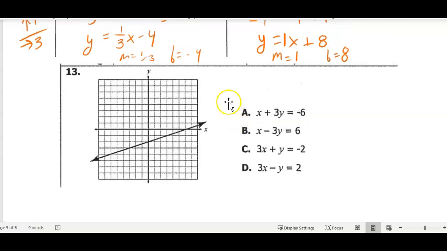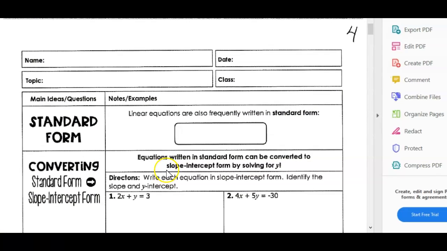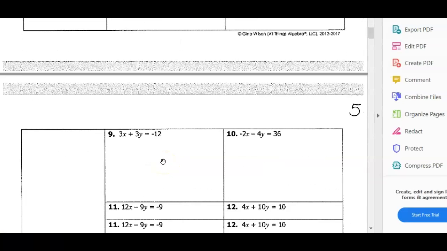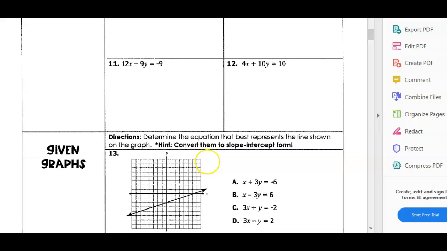Down here, the directions said, I cut them off here by accident, but let me go to your worksheet for the day. Go down to number 13. Determine the equation that best represents the line shown on the graph. Hint: convert to slope-intercept form.